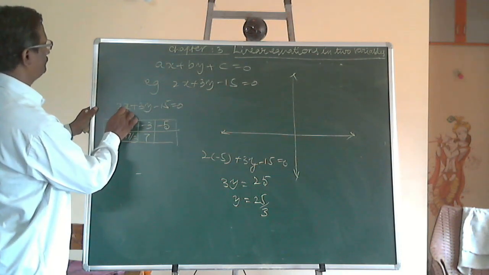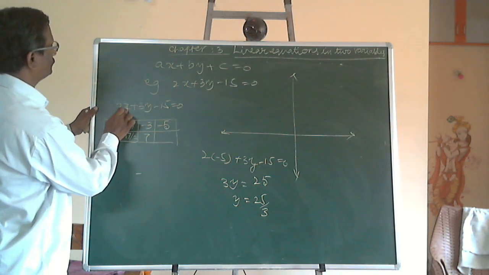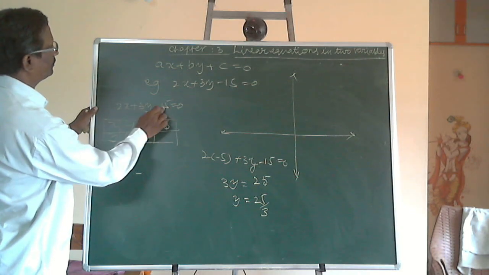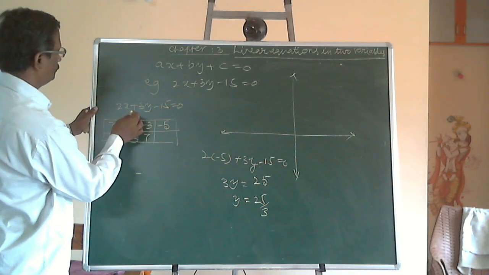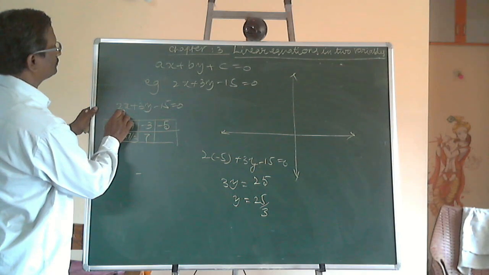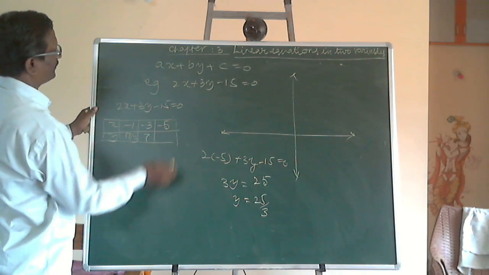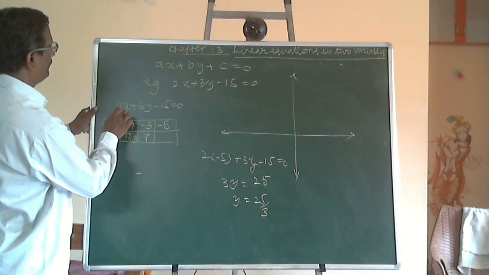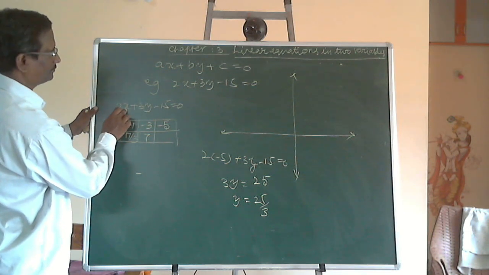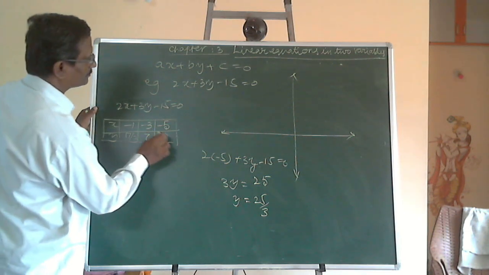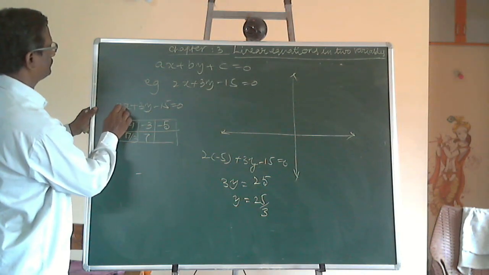X is equal to minus 2, 19. X is equal to 2, minus 2, 4, 4 plus 15, 19. X is equal to minus 5. X is equal to plus 5.